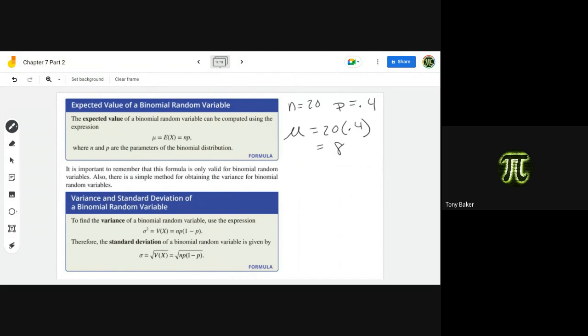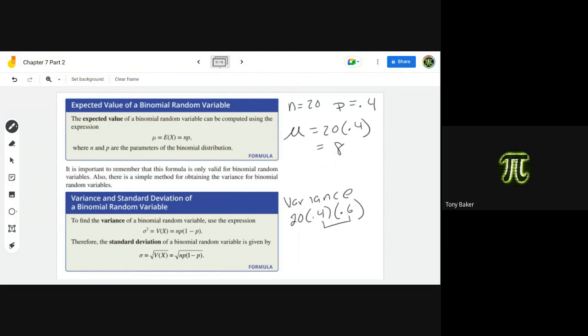If I wanted to find my variance, it's 20 times 0.4 times 0.6, because it's 1 minus P. So these two numbers should always add up to 1.